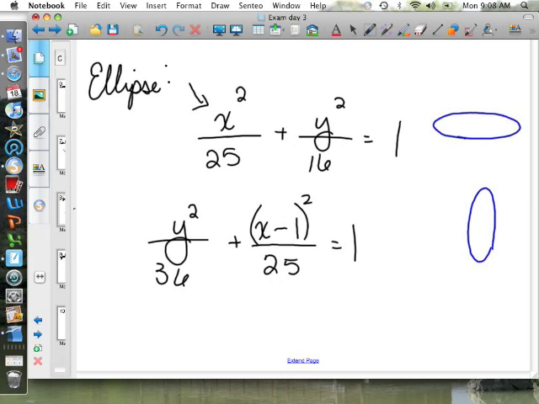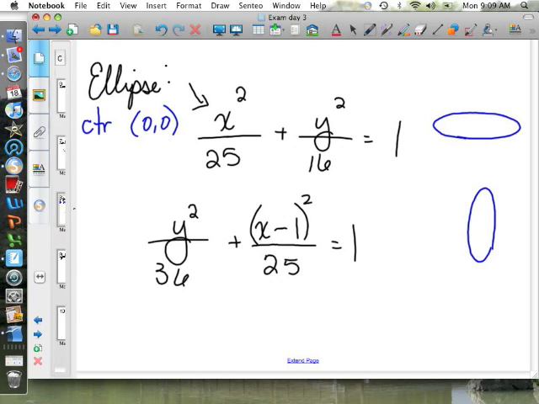Now, we also had being able to find the center and the length of the major or the minor axis. Does anybody remember? The center is found the same way as the center of the circle. Whatever's being subtracted from x or y. Okay? So here in this first one, our center would be at 0, 0.